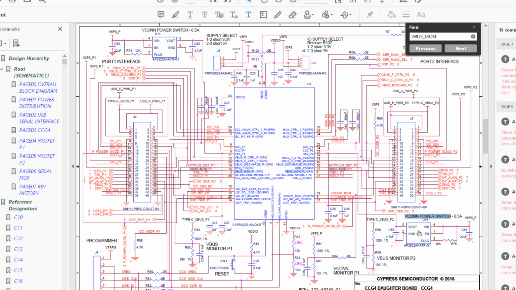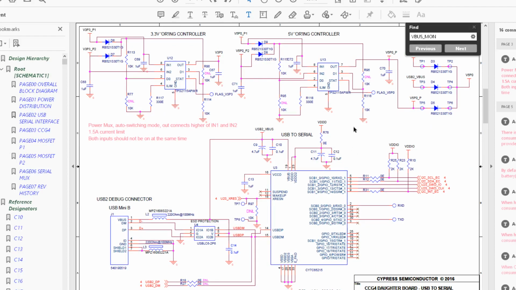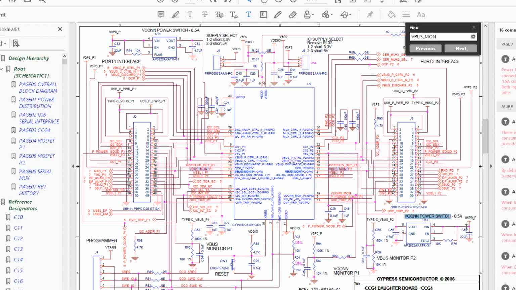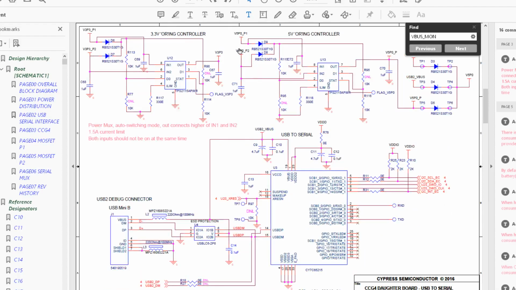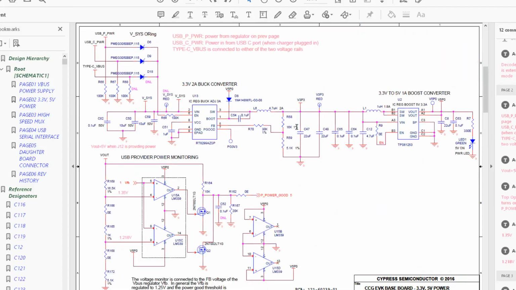Beacon power switch. This is a FET, so it sends 5 volts. If the 5 volts is on, it sends 5 volts. So this tells you that the 5 volts is working, so the controllers are all working. So the 5 volts here, V0_P, that means we've got 5 volts coming in. That means that the regulator on this sheet is working.